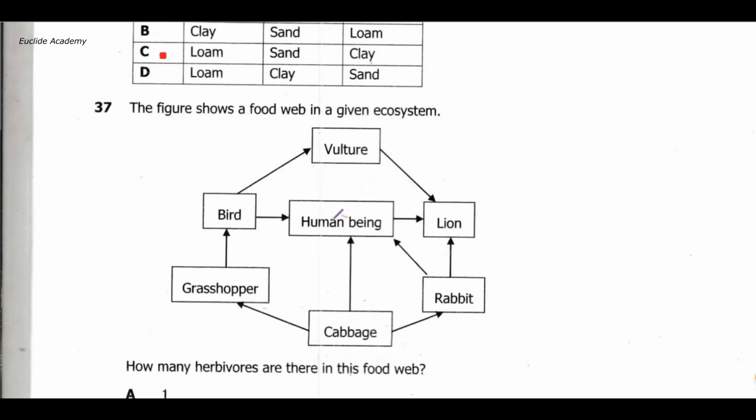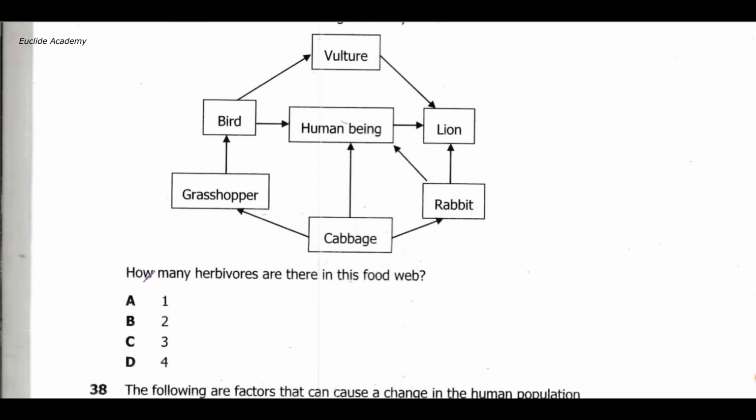37. The figure shows a food web in a given ecosystem. You've got the vulture feeding on a bird, human feeding on cabbage, rabbit and bird, and lion feeding on rabbit. So the question says, how many herbivores are there in this food web?